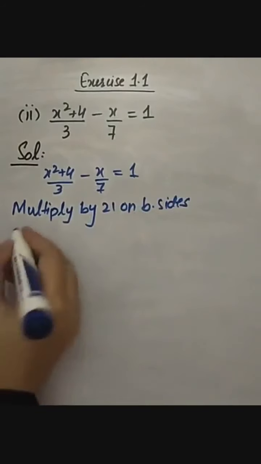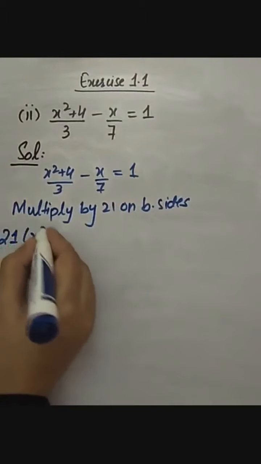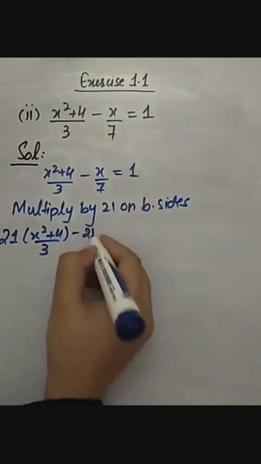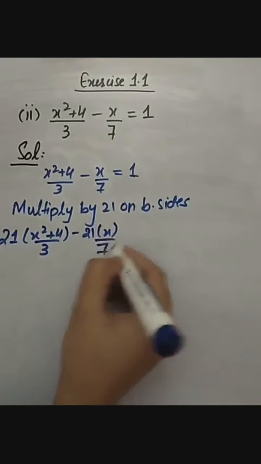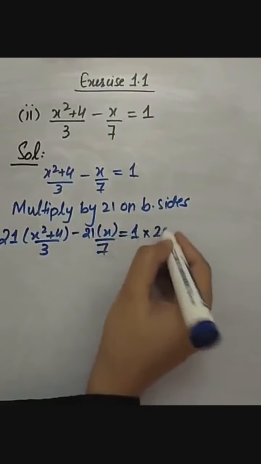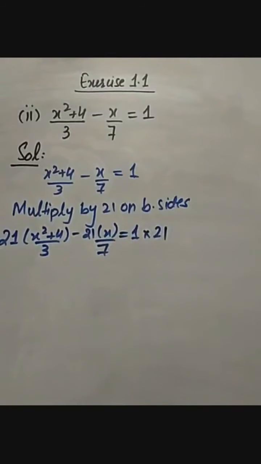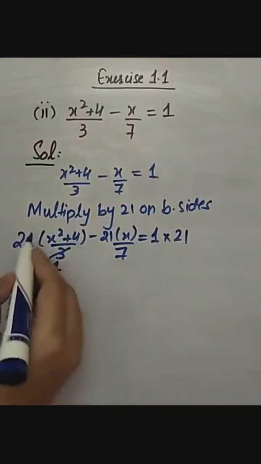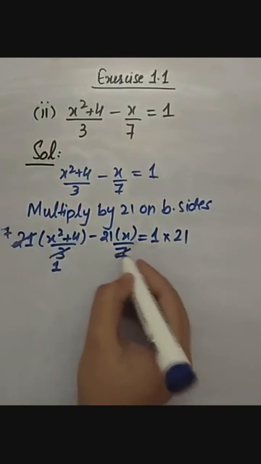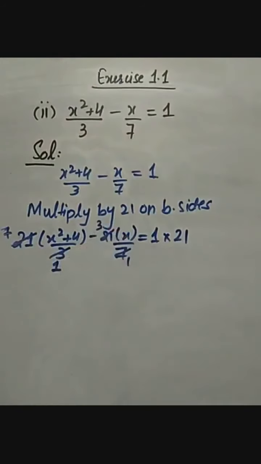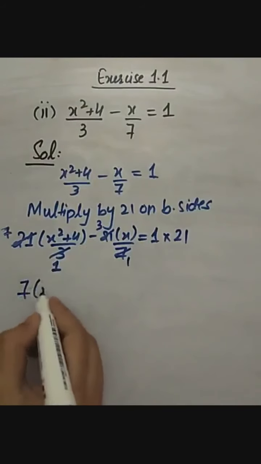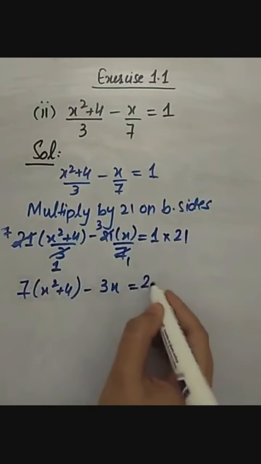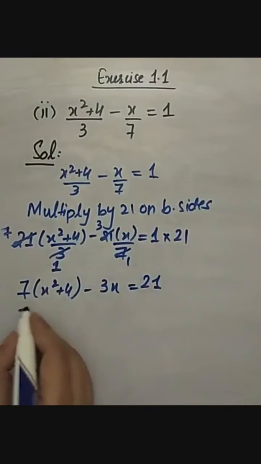Clear? 21 multiplied by x square plus 4 by 3, 21 multiplied by x by 7, and also 1 multiplied by 21. Okay, now 3 1 the 3, 3 7 the 21, 7 1 the 7, 7 3 the 21. So we will get 7 x square plus 4 minus 3x equal to 21 1 the 21.